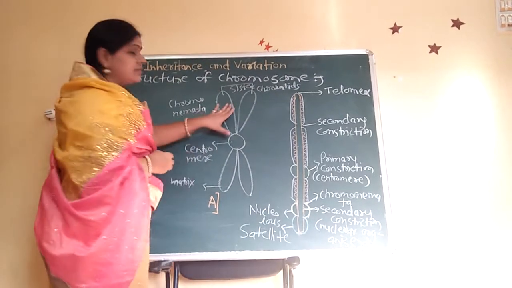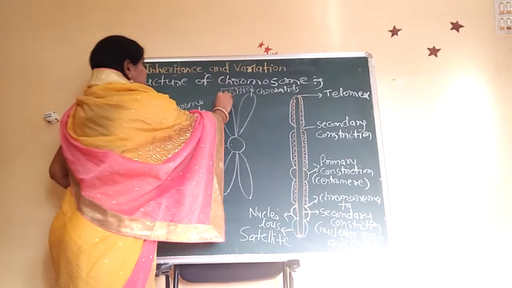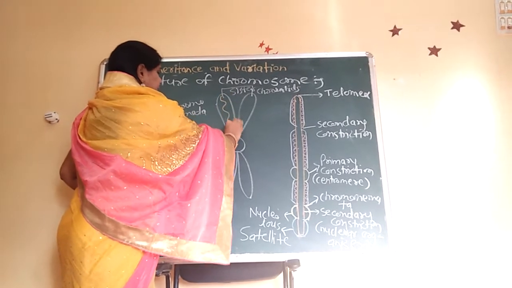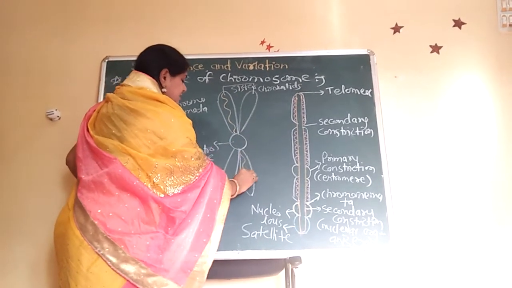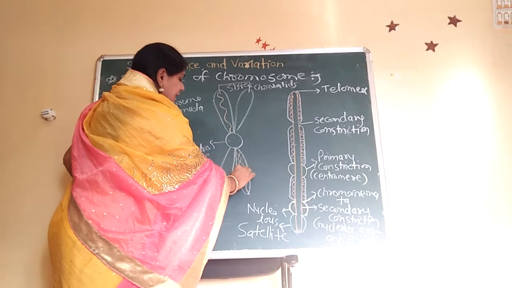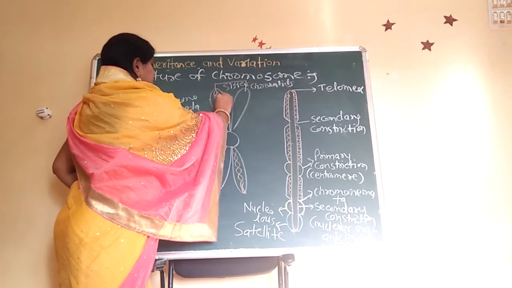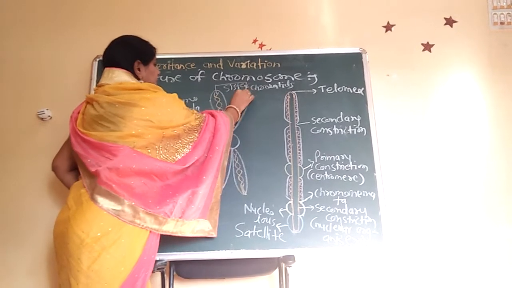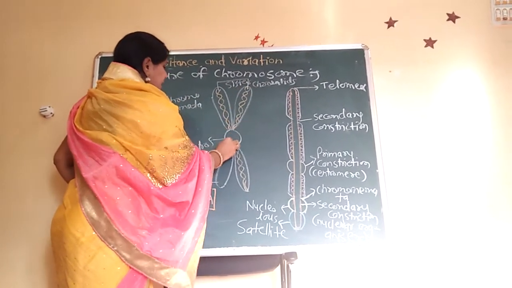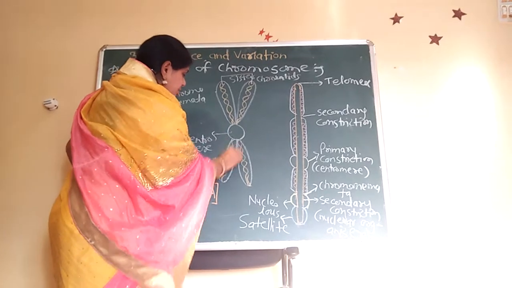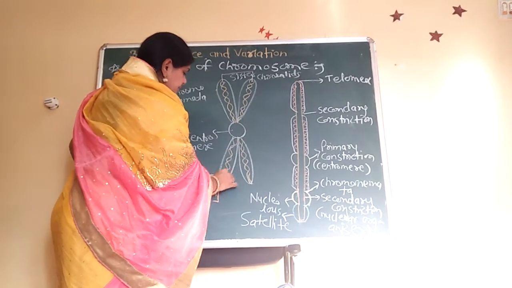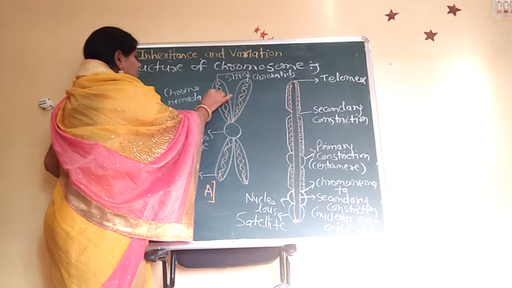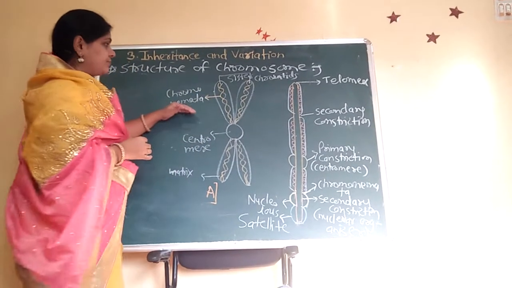Between these chromatids the DNA is situated, extending over the length of the chromatids. DNA is a double helix, and this is called chromonemata.